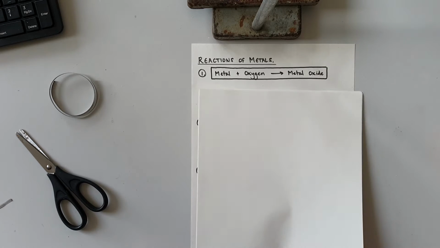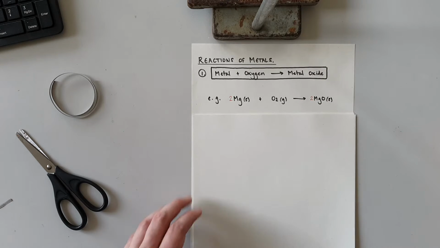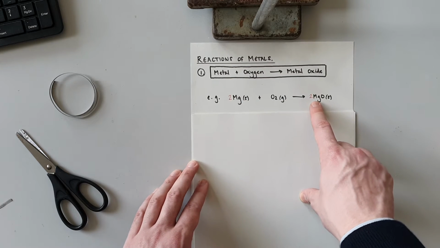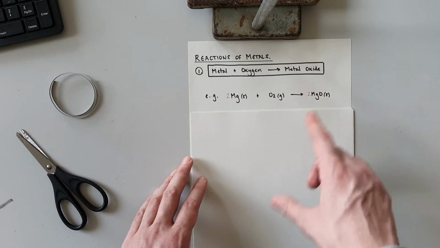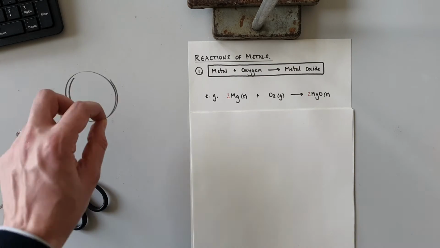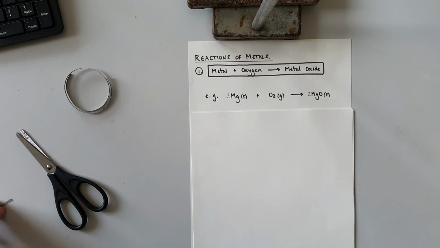And as an example, we can have magnesium solid reacting with oxygen as a gas, forming magnesium oxide. And we can actually see this by looking simply just at a strip of magnesium ribbon, which is this thin magnesium metal.